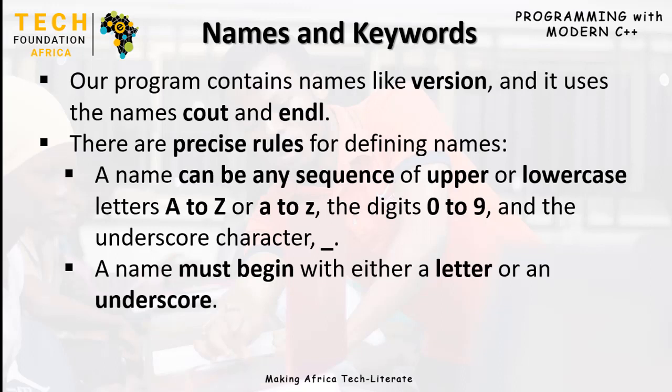Now if I should create another variable called Version, but this time I start the V with a capital letter, these two are different variables so far as C++ is concerned. This is because in C++ variable names are case sensitive, and this is not just C++. Most programming languages have the same rule.